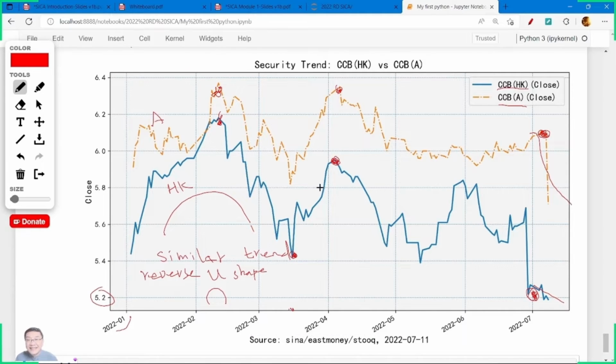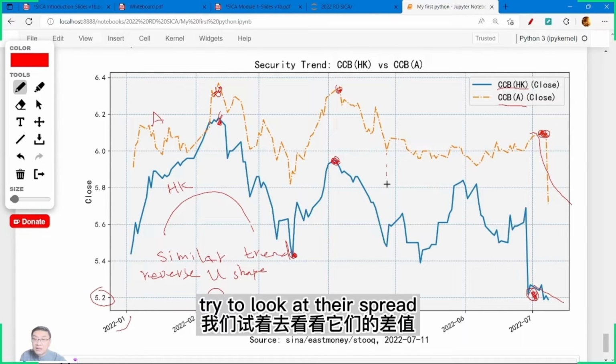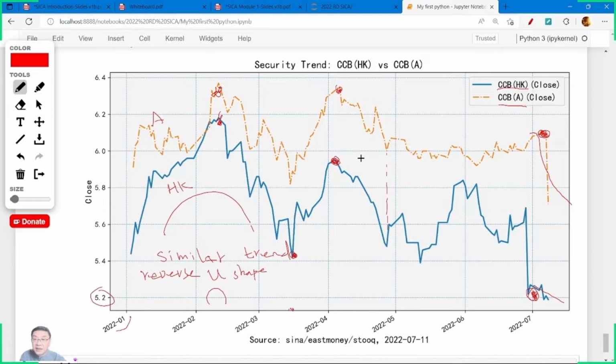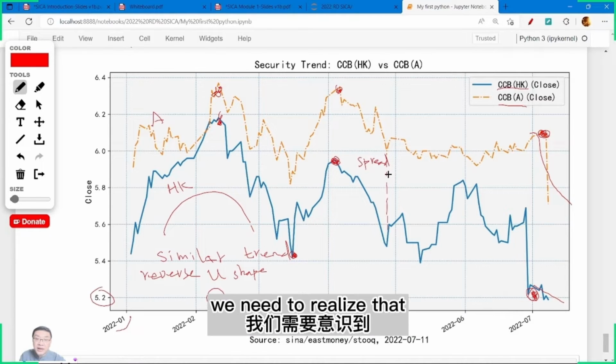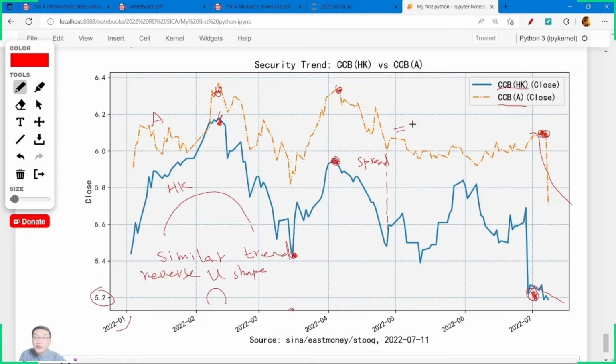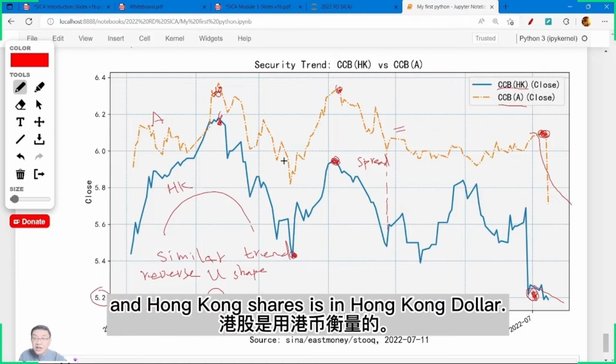And additionally, we can find something more. Try to look at their spread. When we calculate the spread, we need to realize that they are in different currencies. A share is in renminbi and Hong Kong shares are in Hong Kong dollars.